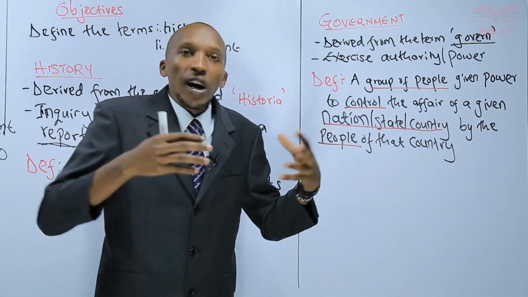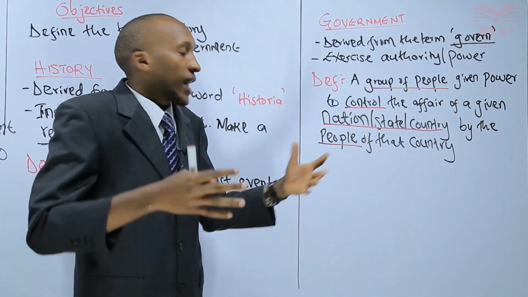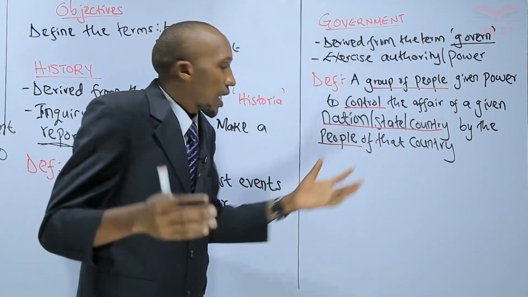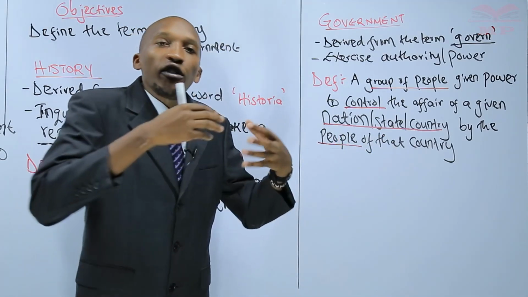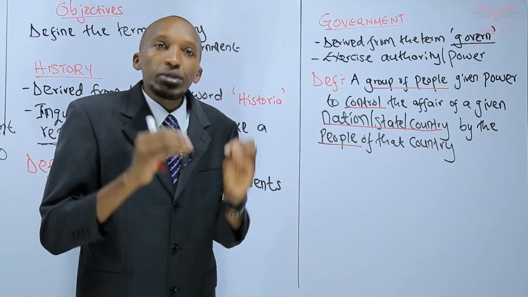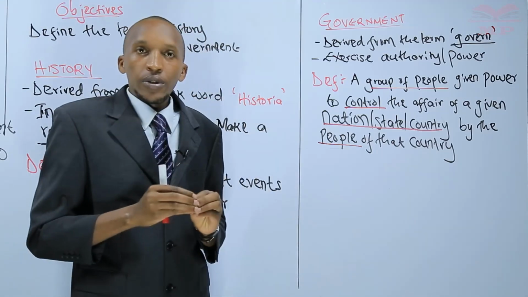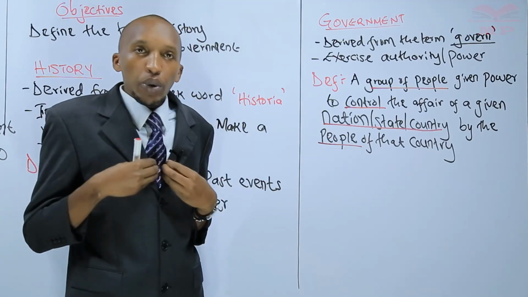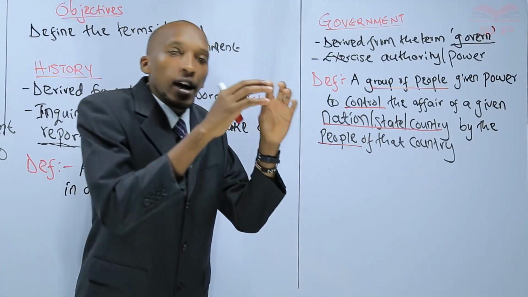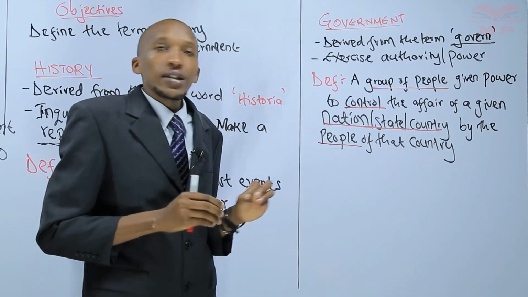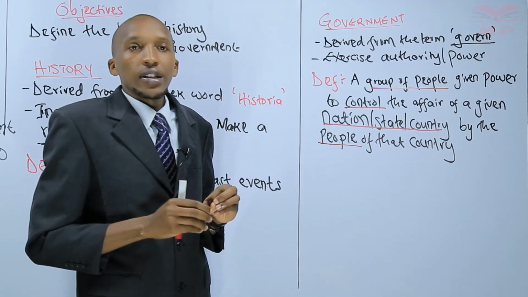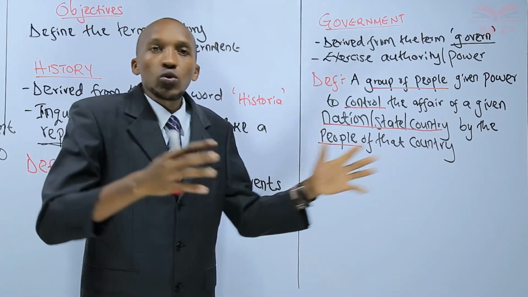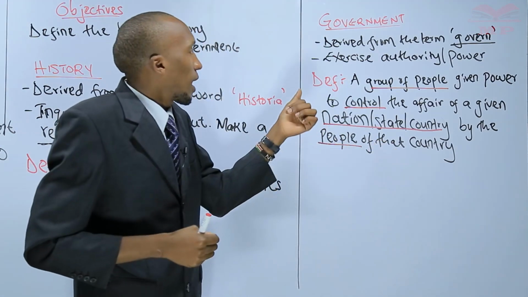In Kenya, we have a government which now we know as the Jubilee government. It is led by our president. They have power to make decisions on behalf of Kenyans. Where do they get this power? They get this power from the people, we who go to vote. Every adult registered citizen is given power to elect leaders into office. So that becomes a government.